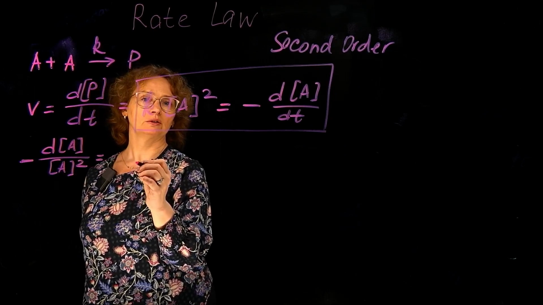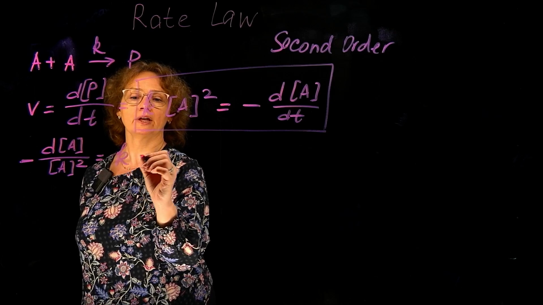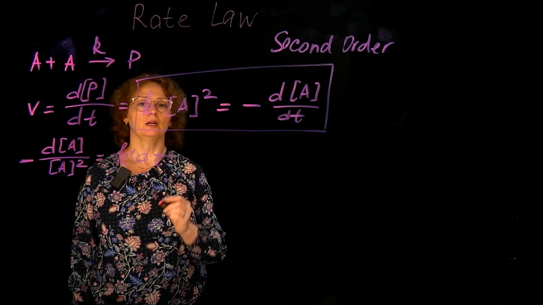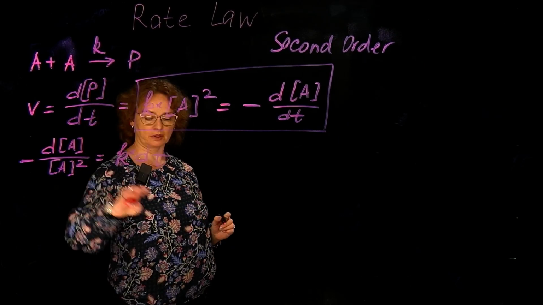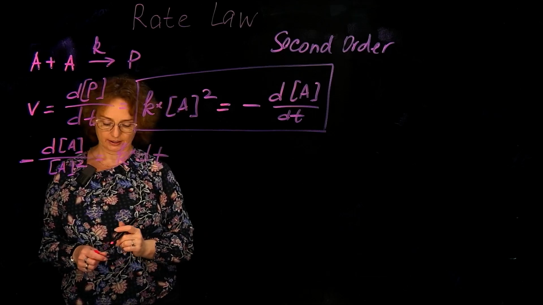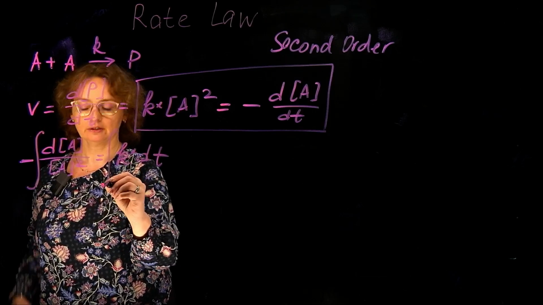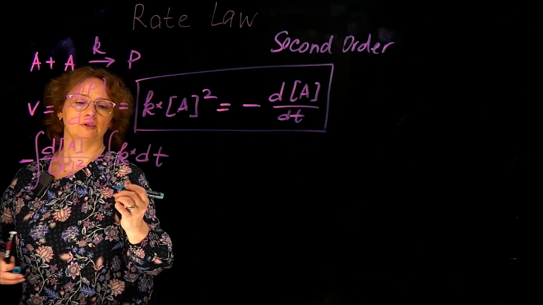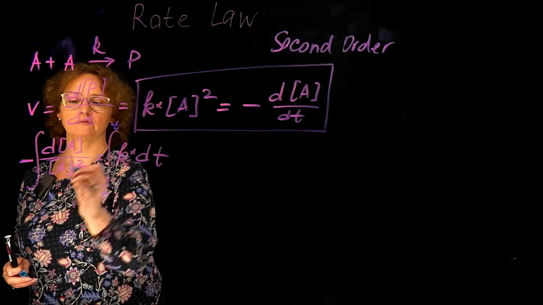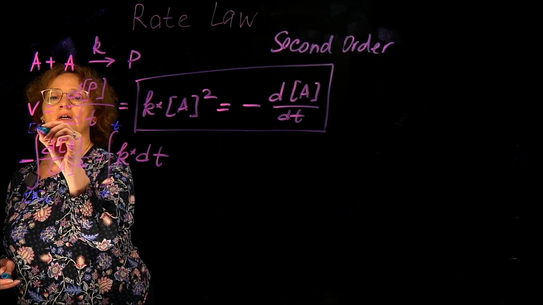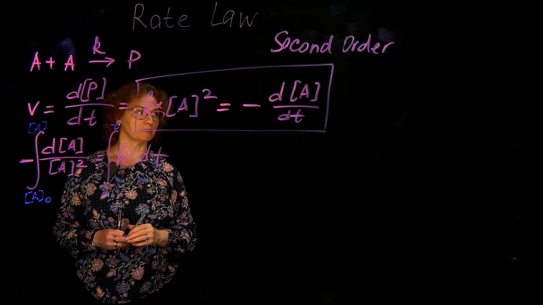And I will put everything that doesn't have the concentration of the reactant on the other side of the equation. Now I'm going to take that integral from 0 to t. That means from the initial reactant concentration to some concentration that remains at time t.